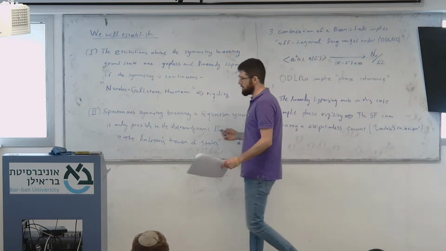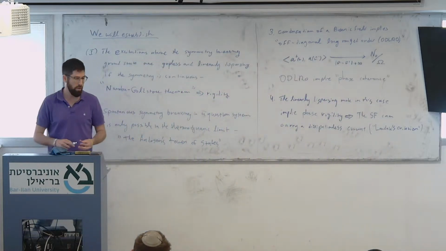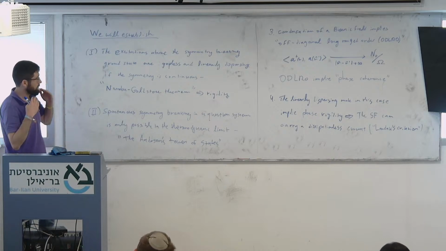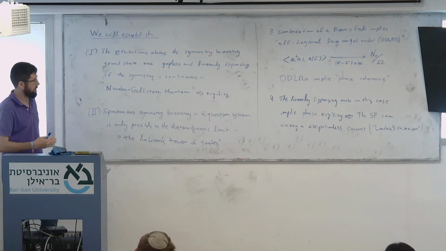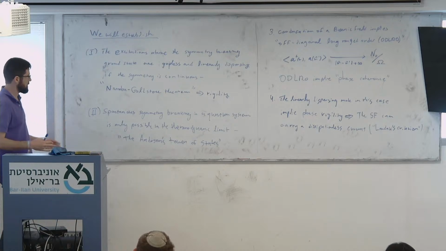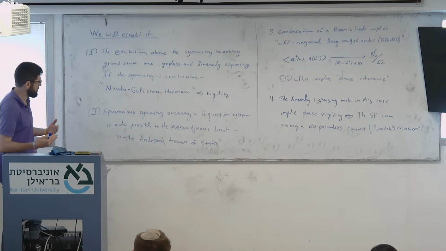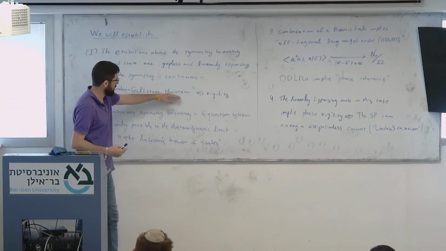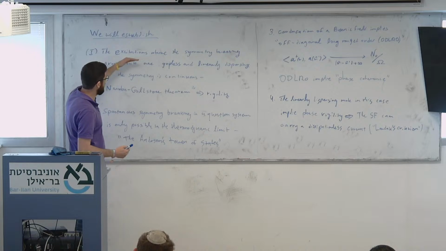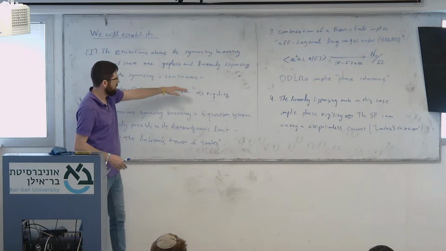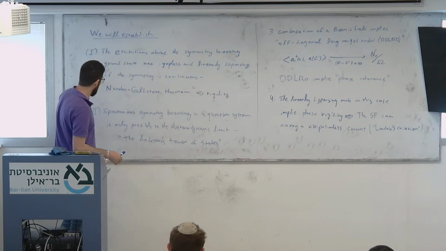Okay, so the main reason I wrote all these things on the board is because I want all these concepts, first of all, that you understand what we're going to establish. Okay, all the deep concepts that we're going to establish, and also to make you acquainted with the terminology. So Nambu-Goldstone theorem talks about the fact that if you broke continuous symmetry spontaneously, okay, there is a linearly dispersing mode which reflects the rigidity of the order parameter.